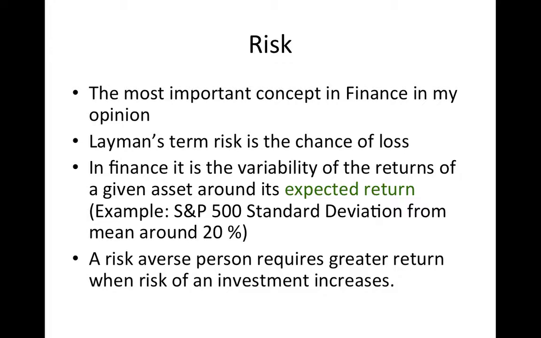Obviously everybody would choose B over A. If A has more risk and less return, and B has less risk and more return, everybody would choose B. So that's the definition of a risk averse investor. Investors are risk averse, so a risk averse investor would always require more return for more risk.